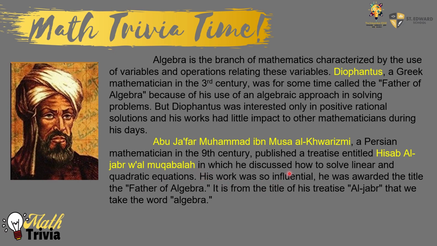His work was so influential, he was awarded the title, the father of algebra. Again, who's that one? Musa al-Khwarizmi. It is from the title of his treatise, Al-Jabr, that we take the word algebra. Okay, so that is the morphology of the word algebra, the origin of the word. Algebra, algebra. So here's my math trivia presentation.